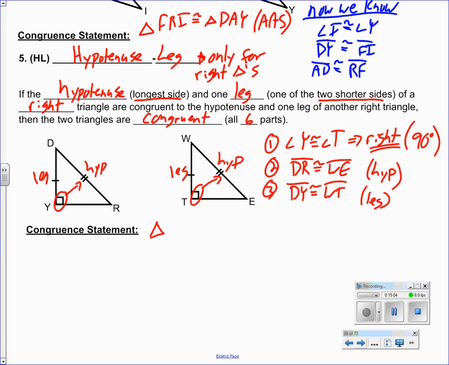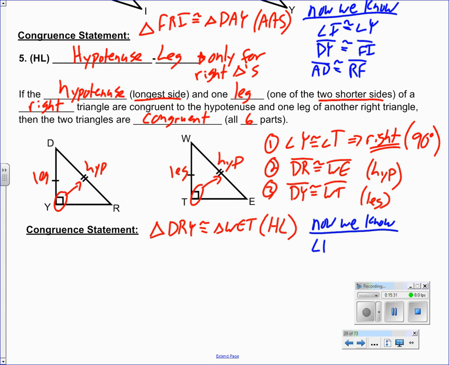So I can write my congruent statement, triangle DRY is congruent to triangle WET, and the reason, HL, hypotenuse leg. And again, now we can go back and name all the other pieces of these triangles that are congruent.